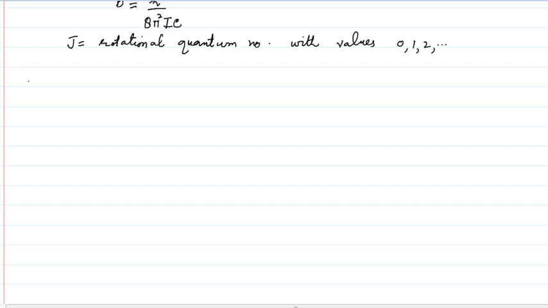So we can write the rotational partition function.